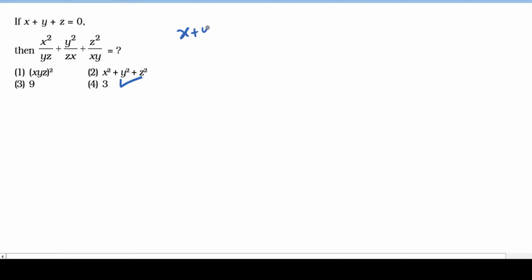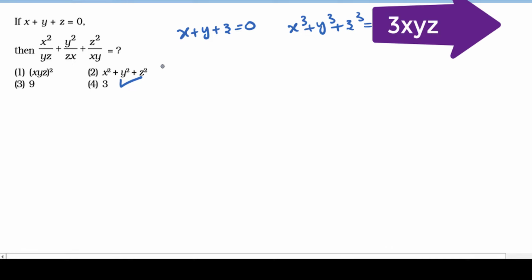If x plus y plus z is equal to 0, then x cube plus y cube plus z cube is equal to 3xyz. The proof is very simple. Just send z that side and then cube on both sides, then it becomes x cube plus y cube plus 3xy into (x plus y), right?